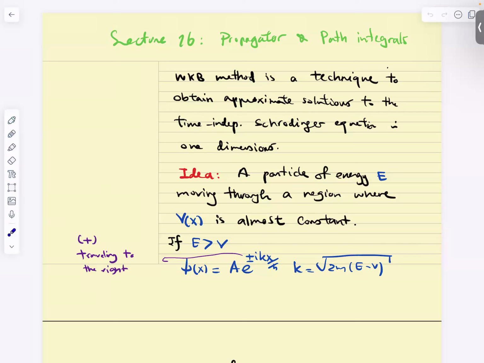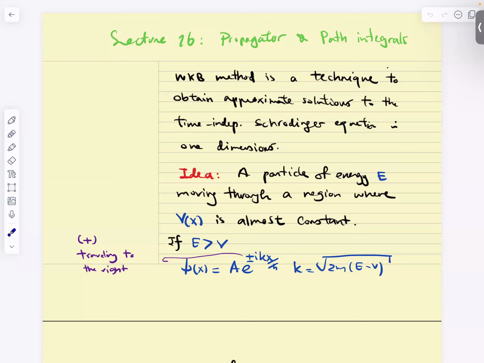So what did we talk about last time? The WKB approximation. I did not look up what WKB stands for, the names again. Nobody cares. This is recorded, sorry. It's a technique to obtain approximate solutions to time-independent Schrodinger equations in one dimension. Last time when I said this, I didn't say one dimension.